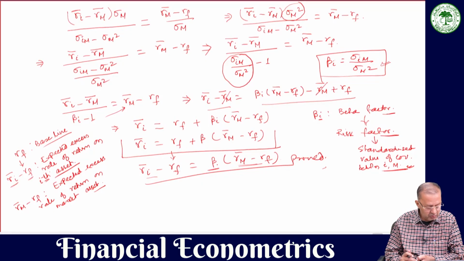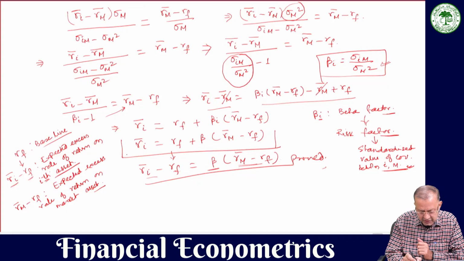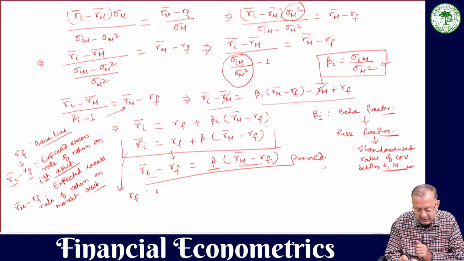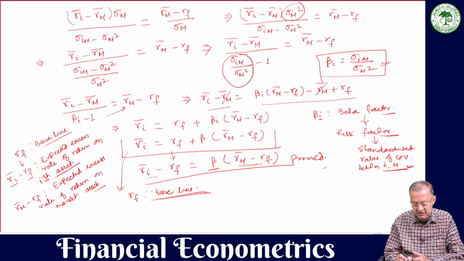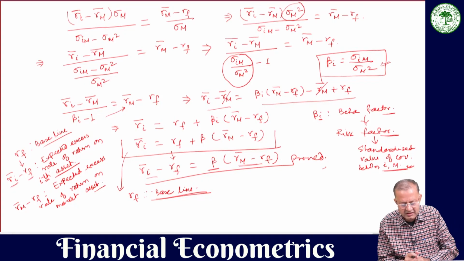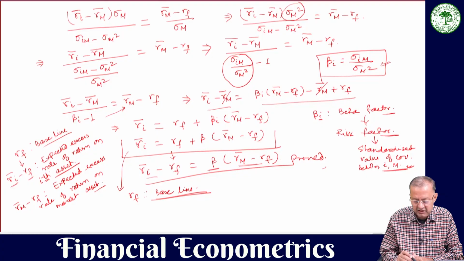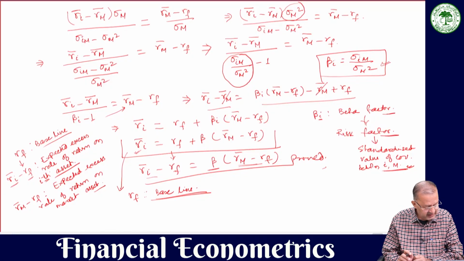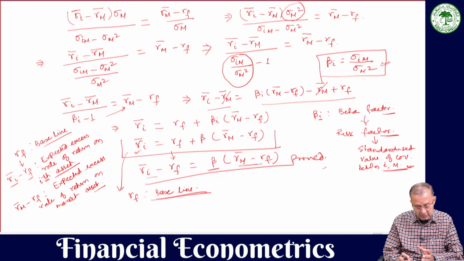Clear? In other words, if we take Rf as baseline, the other way of interpreting this is that the rate of return on the ith asset is directly proportional to the expected excess rate of return on the market asset.